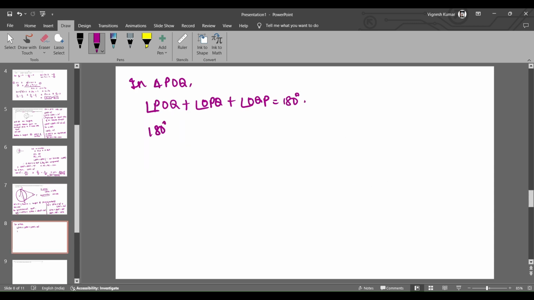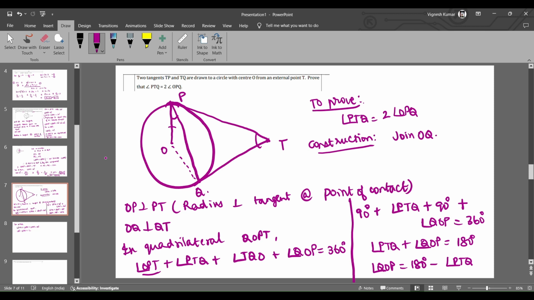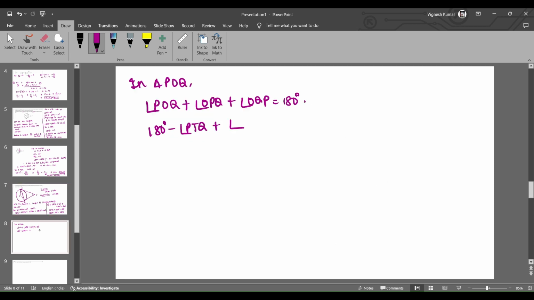So 180 degrees minus angle PTQ plus angle OPQ plus angle OQP equals 180 degrees. And if you see again, OP is equal to OQ. So this is an isosceles triangle, and we know the property that the angles opposite to equal sides of an isosceles triangle are equal. So I can write, since angle OPQ is equal to angle OQP, angle OPQ plus angle OQP as 2 times angle OPQ is equal to 180 degrees.